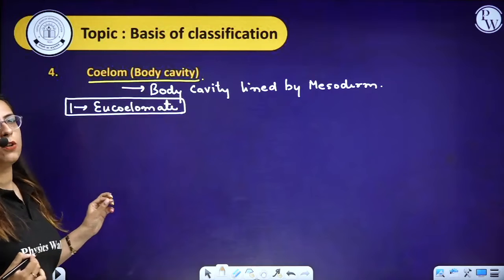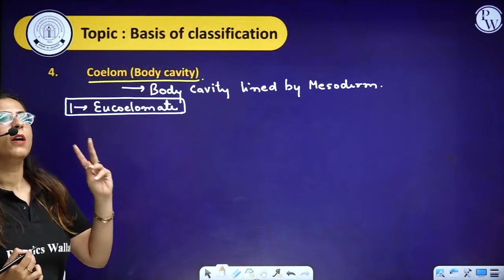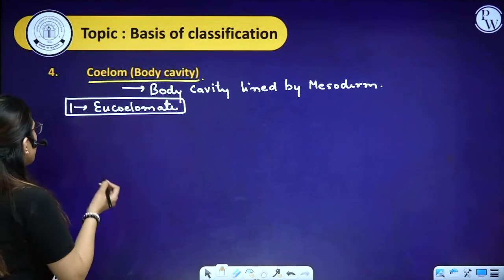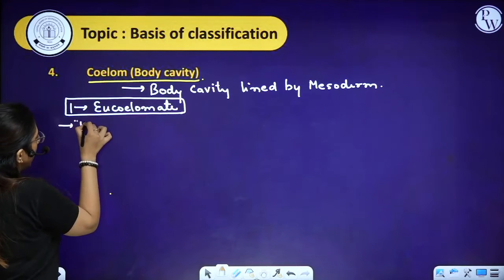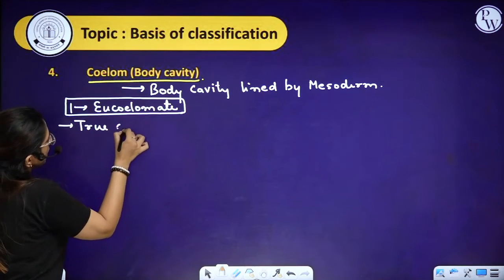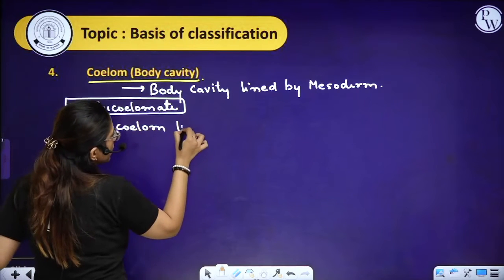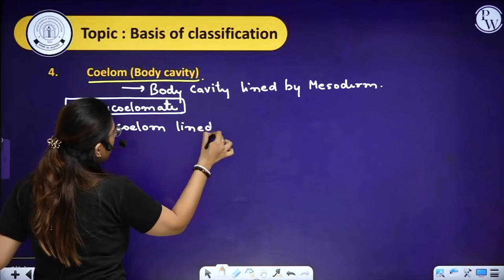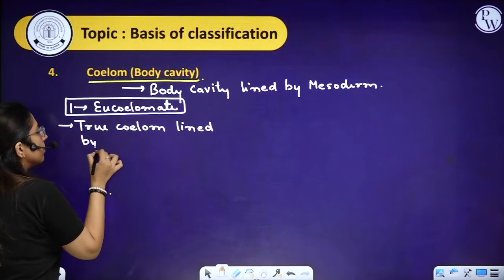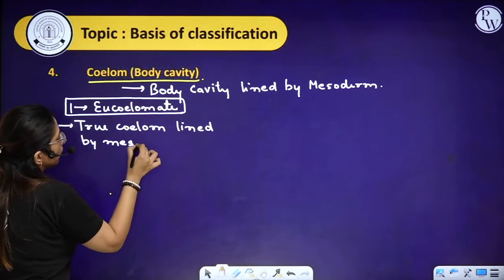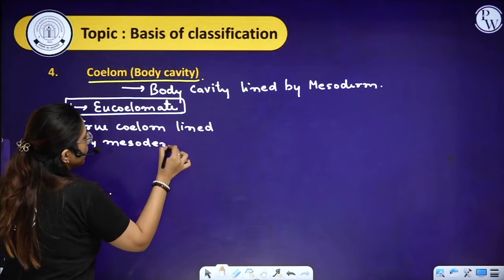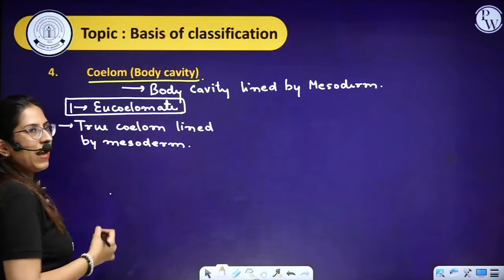So eucoelomates are those group of organisms where true coelom is present. So what is this coelom? A body cavity which is lined by mesoderm.